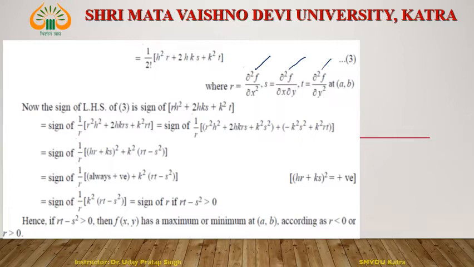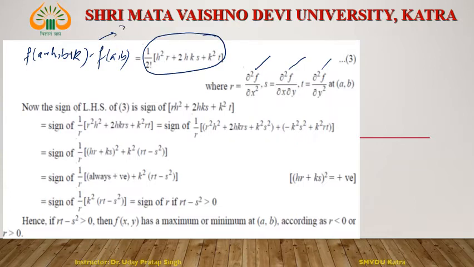Then what is the sign of this term? Basically this is equal to f of a plus h and b plus k minus f of ab. We have to see whether this term is greater than 0 or less than 0, right? Then this is equal to 1 by factorial 2 h square r plus 2hks plus k square t.